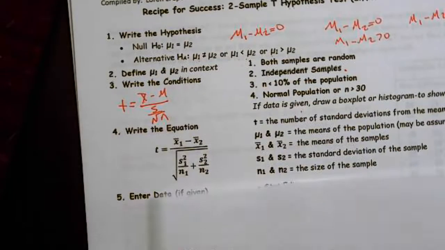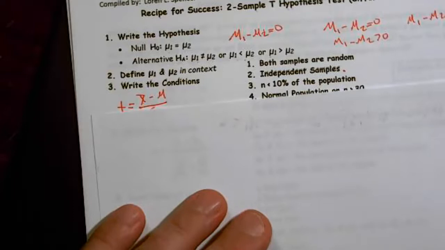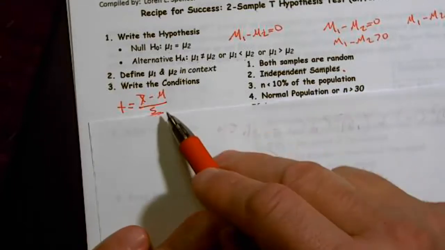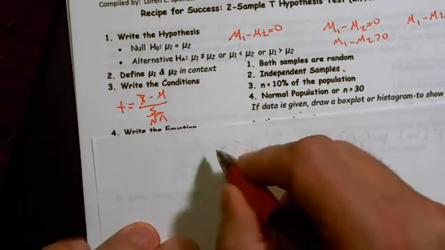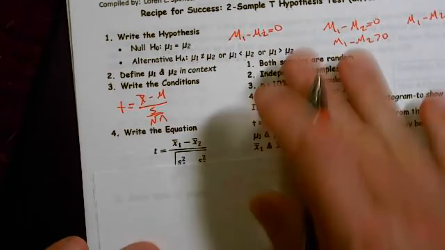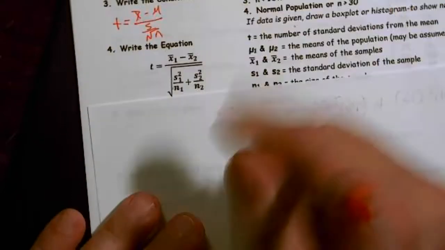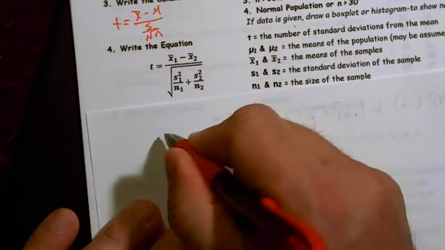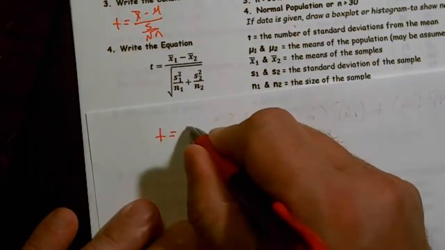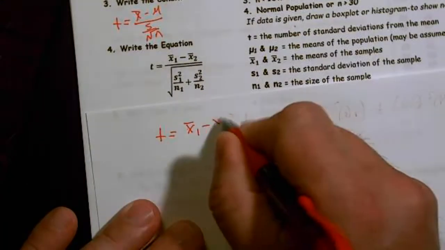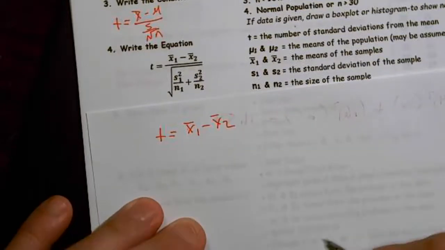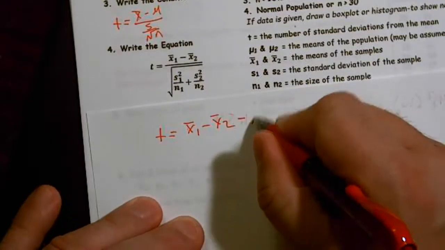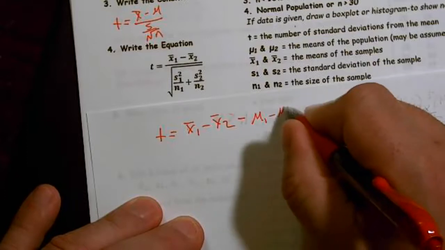Well, here we're changing that up a bit. You're probably wondering where the mu's go. It's actually this right here that is a shortcut for that. We have T equals x bar 1 minus x bar 2, and that probably makes sense. Technically, this also exists.